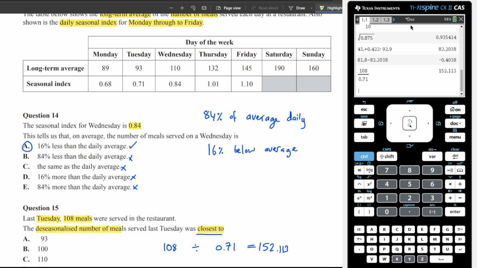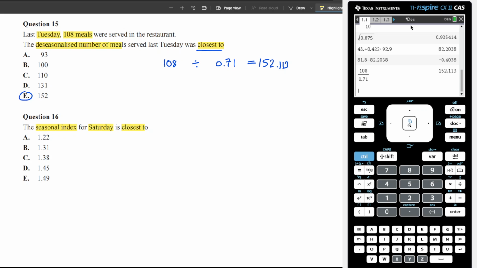Well, we can work out our long-term averages, and then we can work out, based on that, what our seasonal indices are being calculated from. So if our long-term average is 89, then 89 divided by our seasonal index should give us the long-term average of every day, because that's reversing how it's normally found. So take 89, our long-term average, and I'm just choosing a particular day.